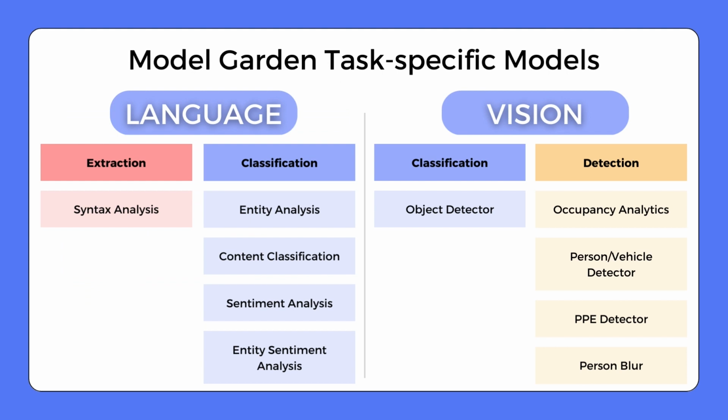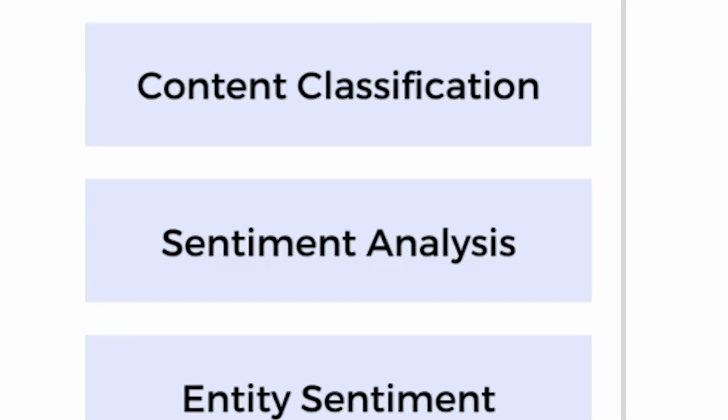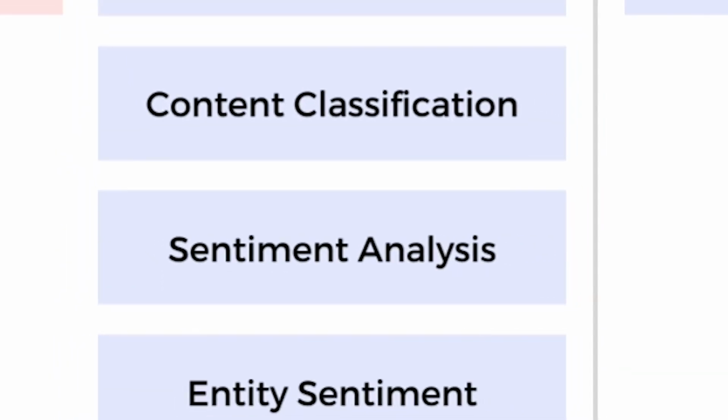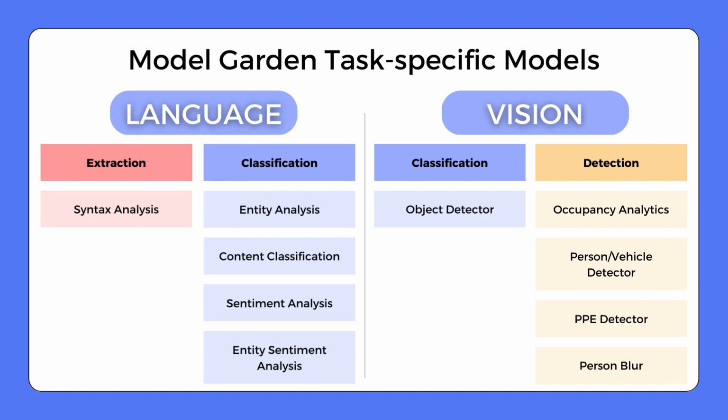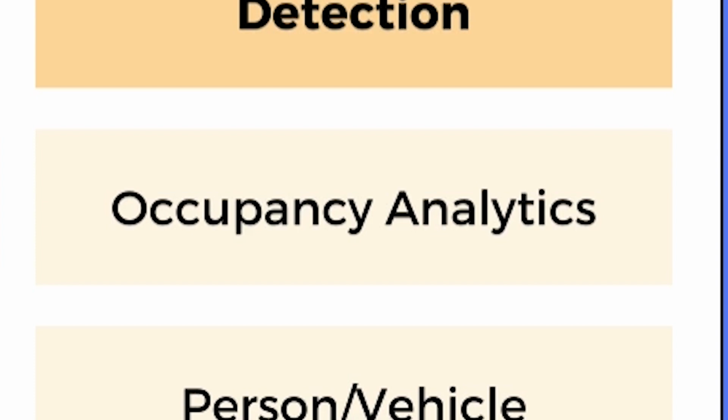Take Vertex AI as an example. It provides task specific foundation models that are already tuned for a variety of use cases. Let's say you want to understand your customers' sentiments toward your product or services better. Vertex AI has a sentiment analysis task model that is just right for the job. Perhaps you're in the retail or real estate sector and you need to perform occupancy analytics.